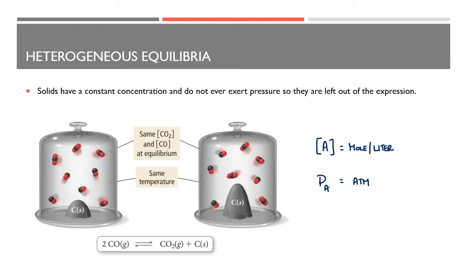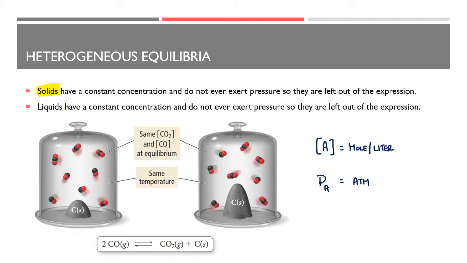What if we're dealing with a solid that doesn't have either a concentration or a pressure? Solid particles don't exert a pressure on their container, so we can actually leave those out of the expression. We can also leave liquids out of the expression. Liquids aren't going to have a certain concentration. They're not solutions. They're just liquids. They're a molecular compound that's a liquid, or an element that's a liquid.